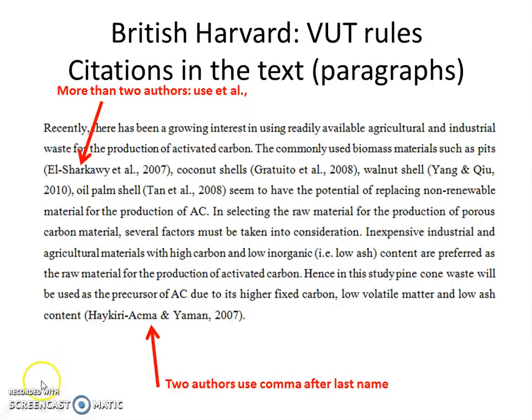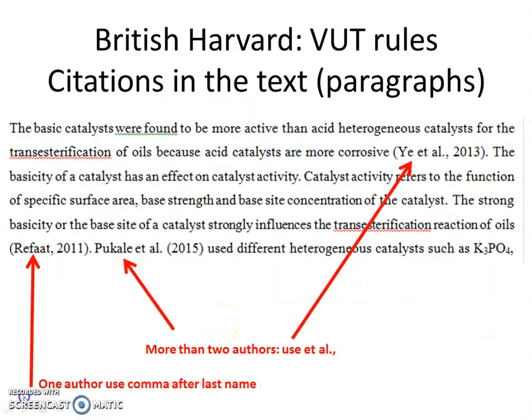If we have just 2 authors, then we write it like this. So it's this Haikiri, Akma, and Yaman. And the article was published in the year 2007. In chemistry, articles are very often written by more than 2 authors, so the et al is most frequently used.